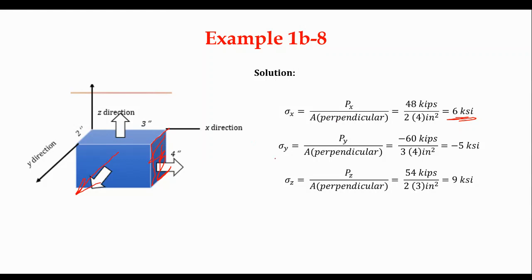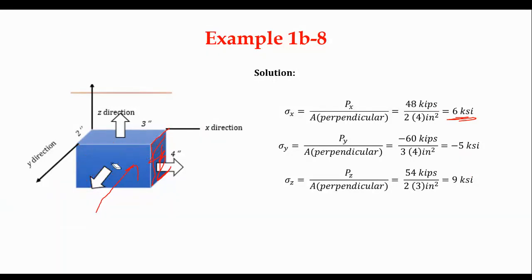So, this is compression. So, dili ni pagawas ang force, pasulod ang force. So, negative 60 over the area na iya gina-define. Unsa man ang area? 3 by 4. Okay? So, the stress is negative 5. How about the z direction?